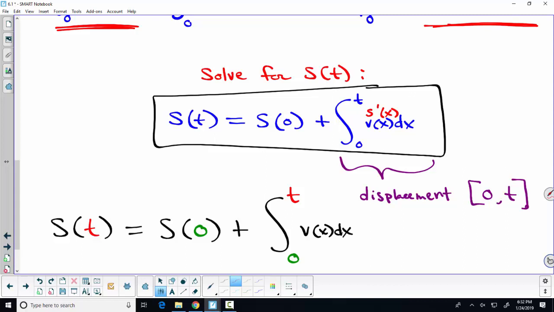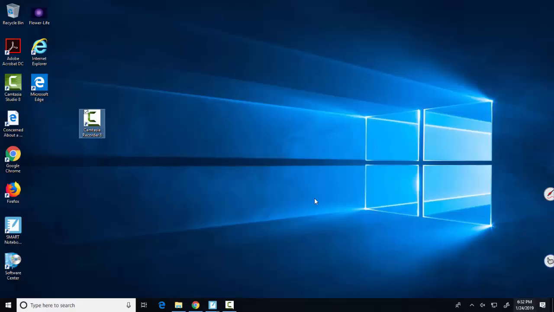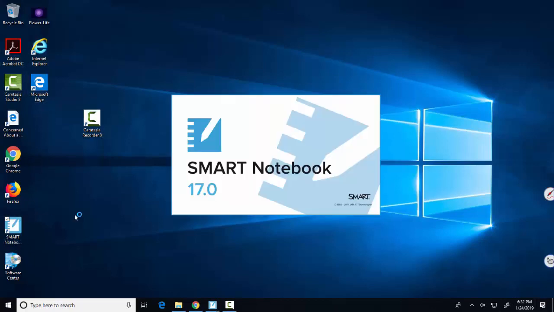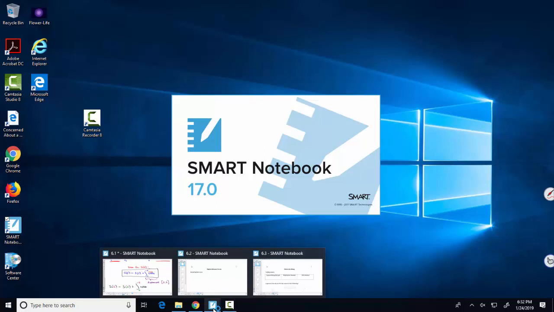Number 9 on 6.1. I was able to get it, but it took me longer than I wanted to find the y-intercept. Number 9.